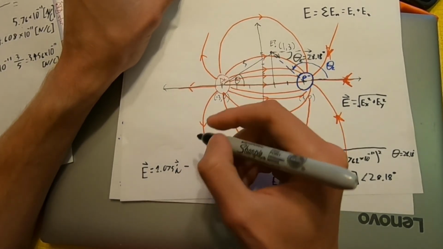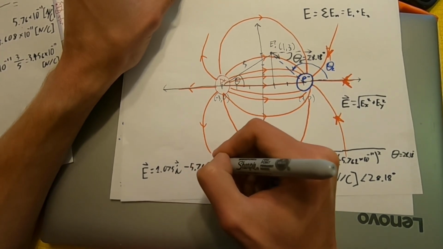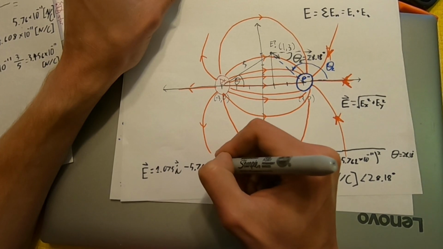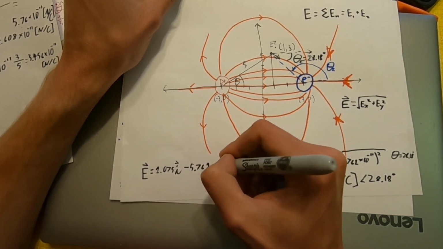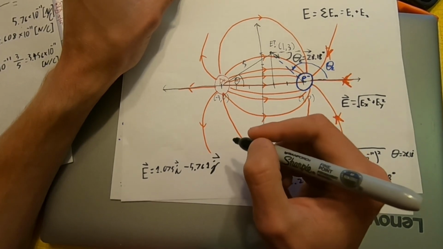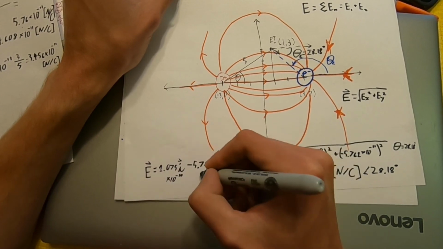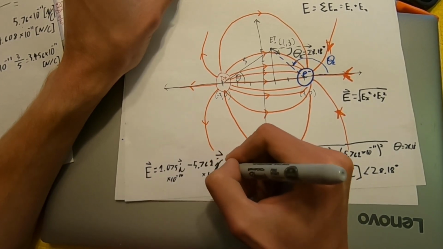Minus, because we have a negative, 5.761 j. Here this would be times 10 to the negative 10th, and this would be times 10 to the negative 11th.